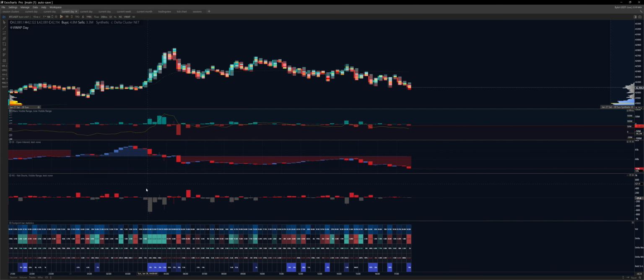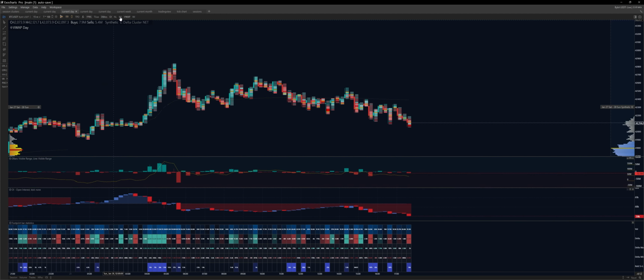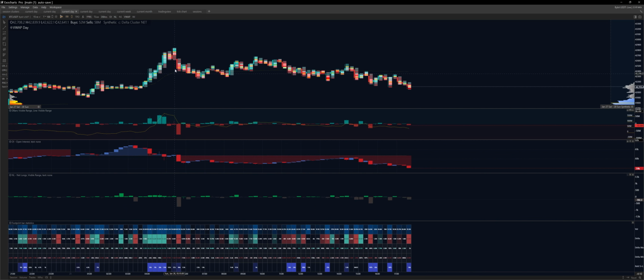Essentially, what we can read from net shorts, we can also read from the combination of these two. From this we can see net shorts have drastically decreased on this one. Same as net longs. In this candle, there's a decrease in open interest, positions closing, and negative delta, so heavy market sells.